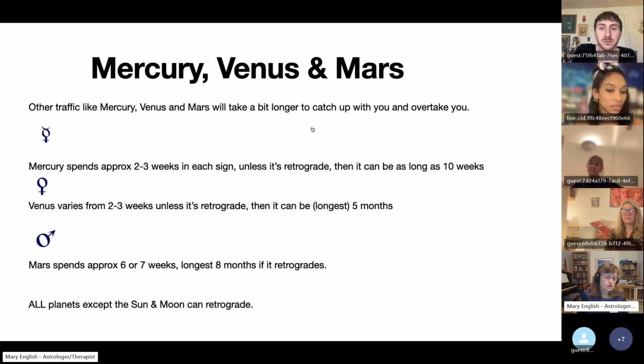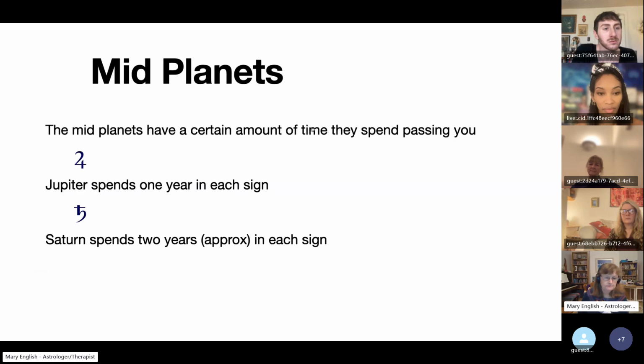Venus varies from 2 to 3 weeks, unless it's retrograde, and then it can be the longest of 5 months. And Mars spends approximately 6 or 7 weeks in each sign of the zodiac, and the longest it can be is 8 months if it retrogrades as well. And all planets except the sun and the moon can retrograde.